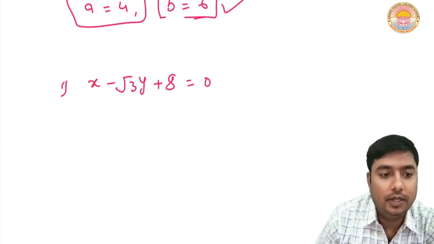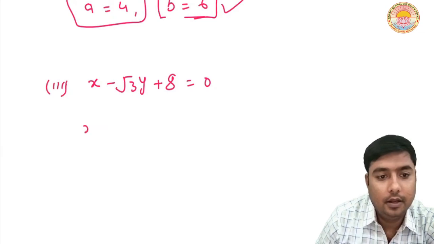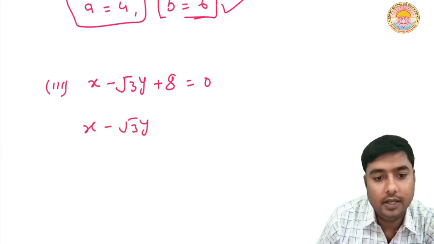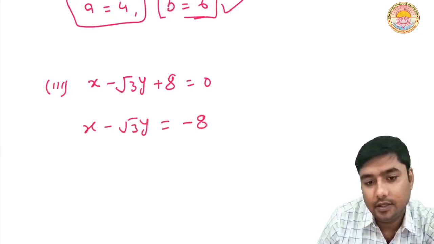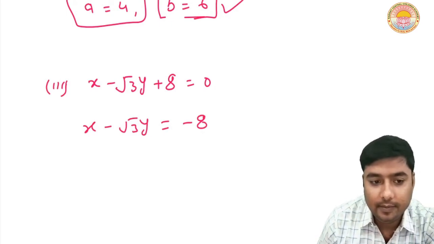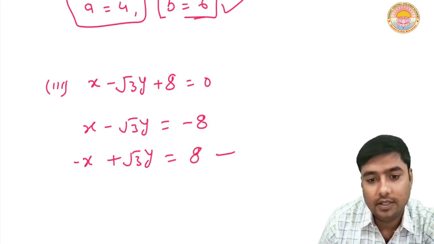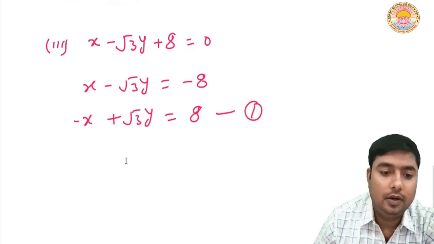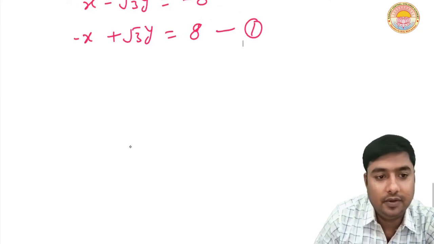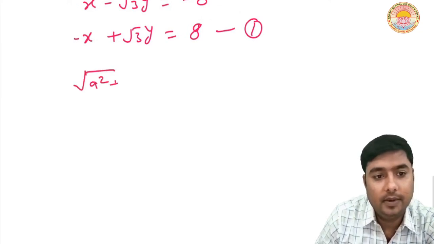So we know that x minus root 3y equals to minus 8. Multiply by minus 1, it means minus x plus root 3 y equals to 8. This is the equation. Now we find the value of square root of a square plus b square.